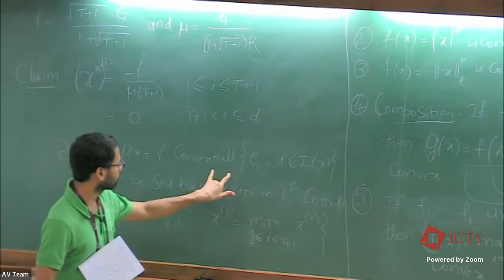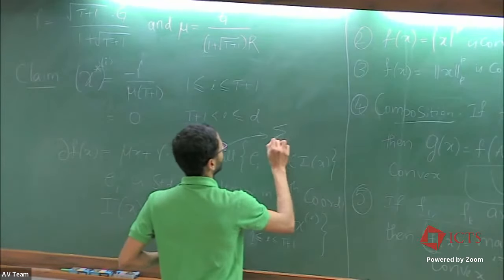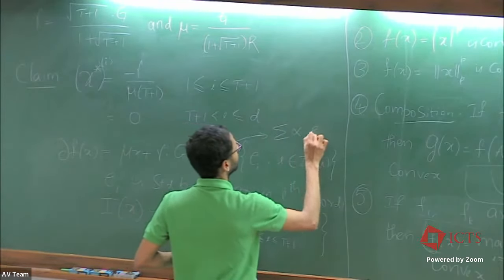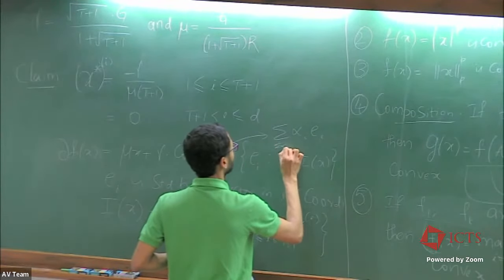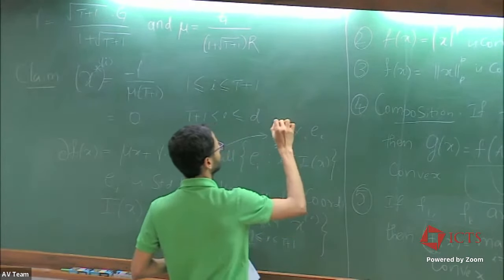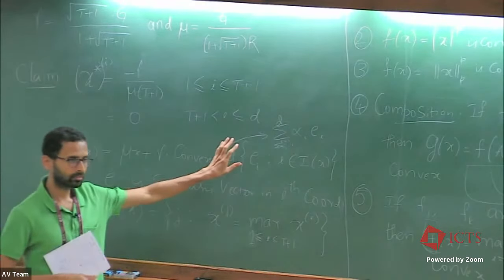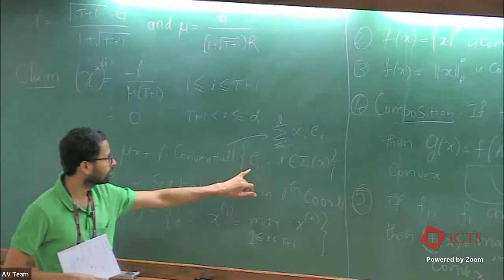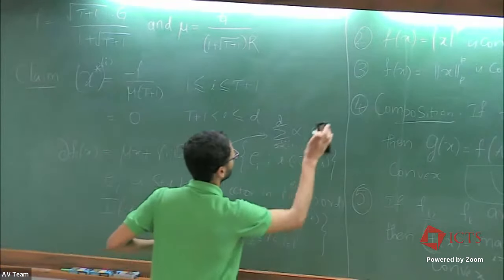And convex hull basically means the summation of alpha i ei such that the summation of alpha i is equal to 1.